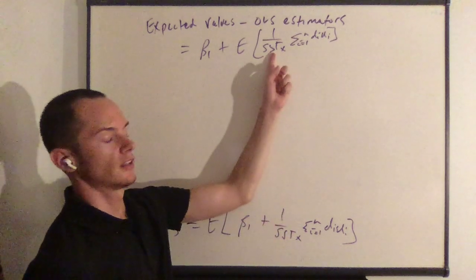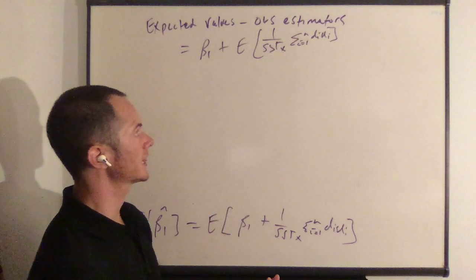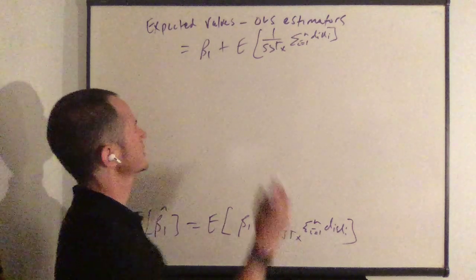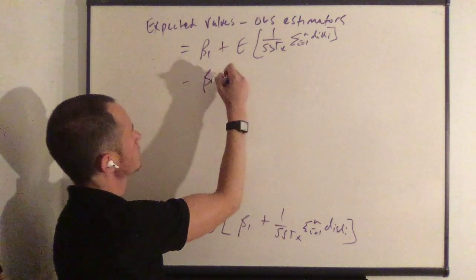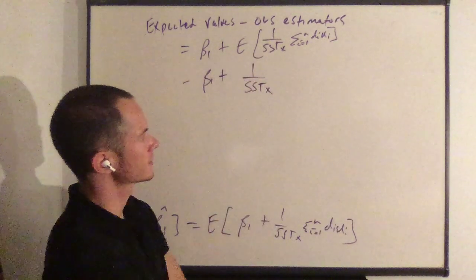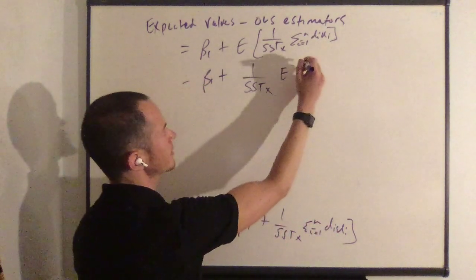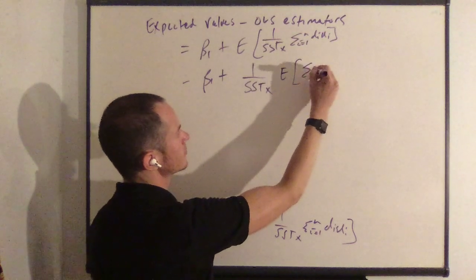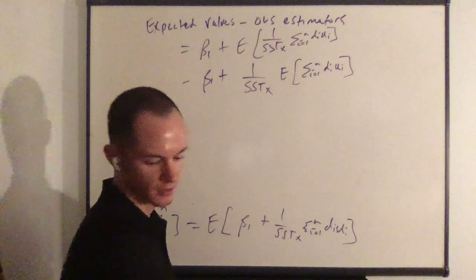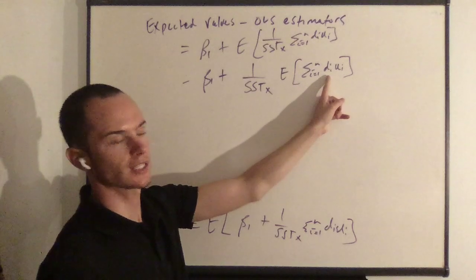If SST of x is fixed, then it's not a random value, and we can pull it out of the expected value. Beta 1 plus 1 over SST of x, and we have the expected value, sum from i equals 1 to n, di ui. Right? And again, the di is a function of x.